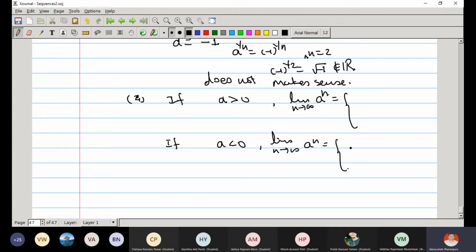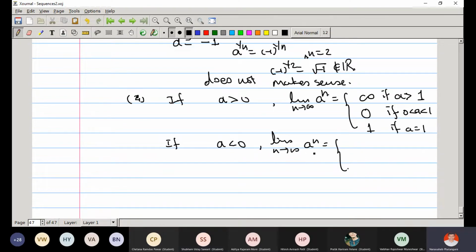If a is positive, what is limit a raised to n? Infinity if a is greater than 1. And 0 for a between 0 and 1. And 1 for a equal to 1, right?